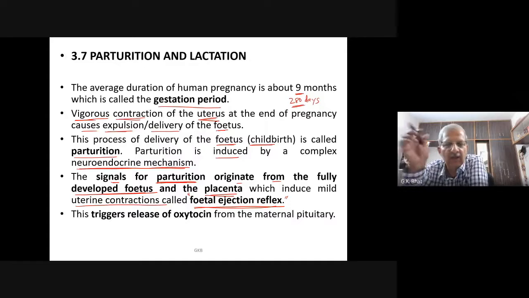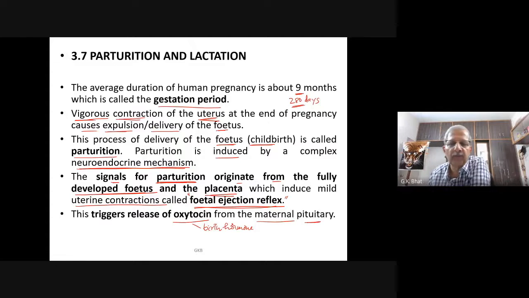This triggers the release of an important hormone called oxytocin. Oxytocin is also called by another name, the birth hormone. It triggers the release of oxytocin from the maternal pituitary.